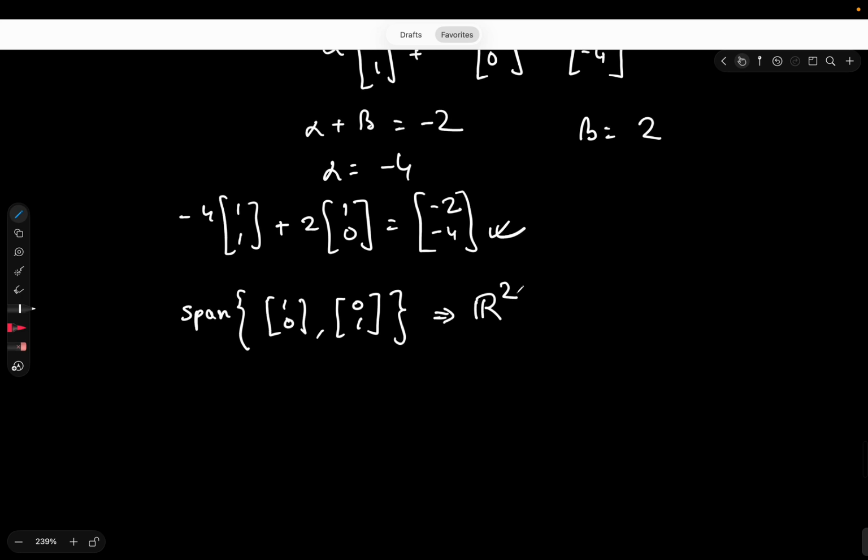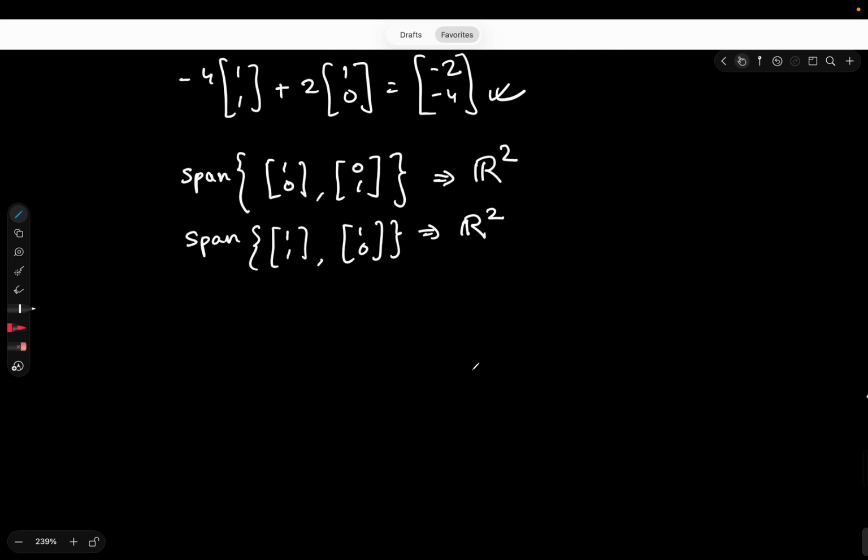Basically we can find all the elements of the R2 vector space with just these two vectors. Similarly, the span of 1 1 and 1 0 is also R2, because we can obtain any vector in R2 by just using these two vectors. So this is the meaning of span of a vector space.